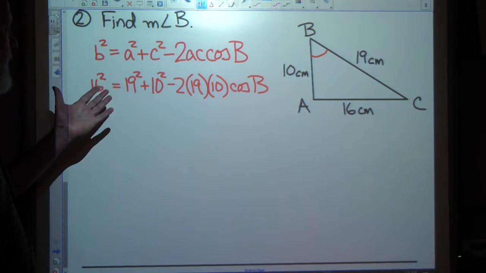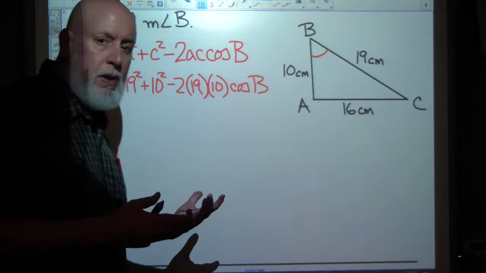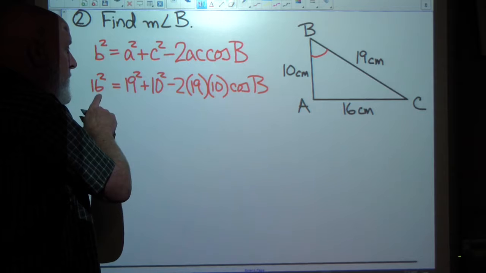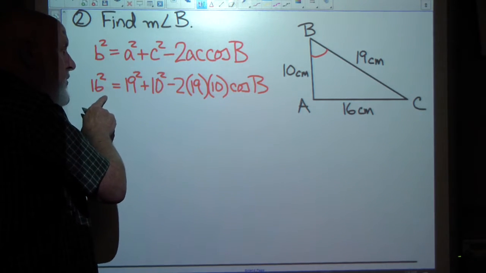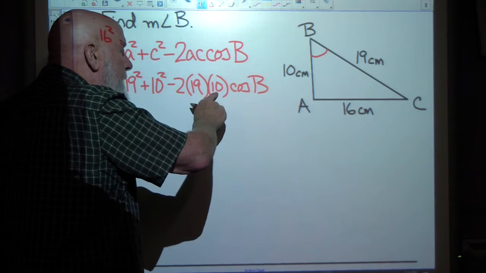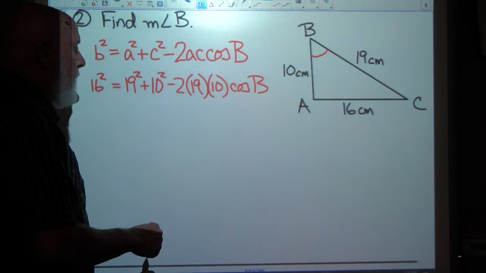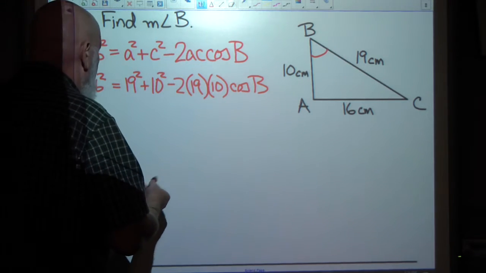So here's the plan. I'm going to get cosine B by itself by using simple algebra. I'm going to subtract 19 squared, subtract 10 squared, and then divide by negative 2 times 19 times 10. And that will leave me with cosine B. So that's what I'm going to do first. It'll look like this.